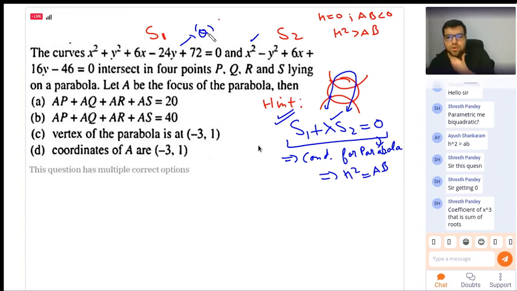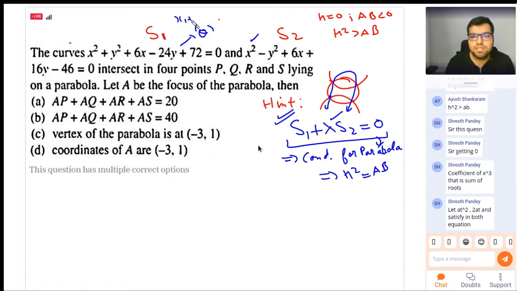Okay, you made a biquadratic, you tried to solve it. That is okay. So the coefficient of x cube is 0, which means x1 plus x2 plus x3 plus x4 should be equal to 0. That is fine. But how will it help you in these options?